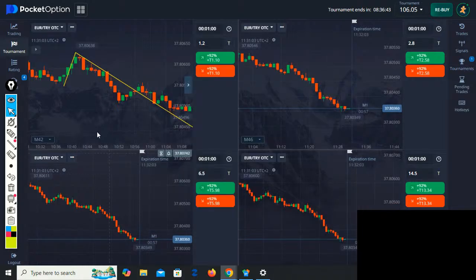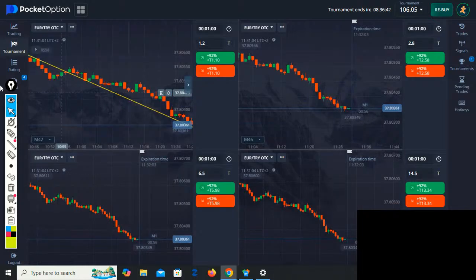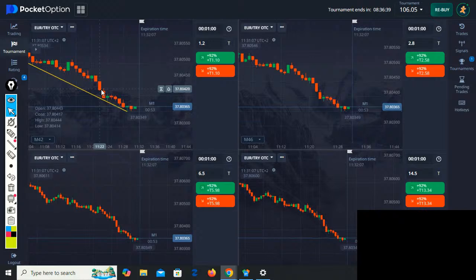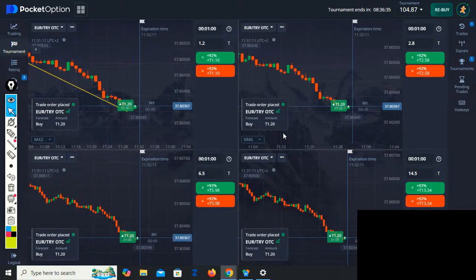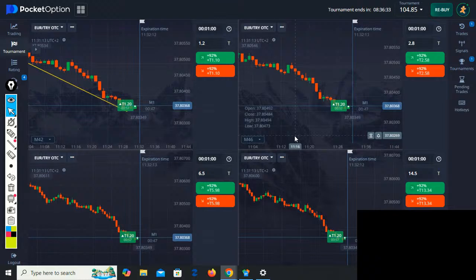Okay, so let's begin. In this case, since the price is going down, go for a buy on our first step of the cycle.